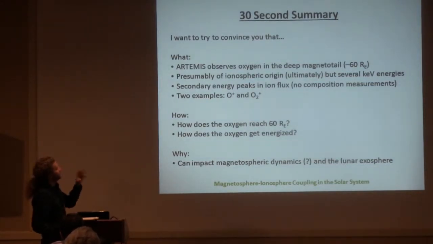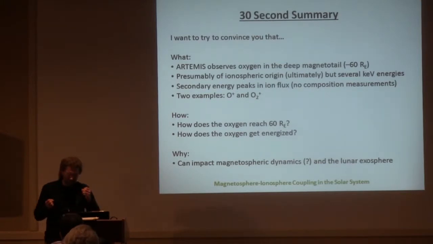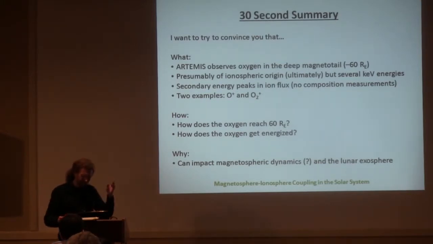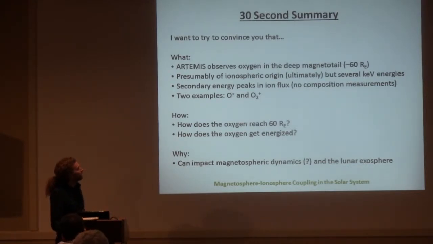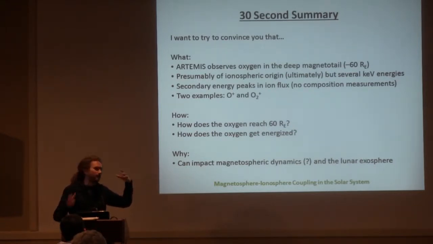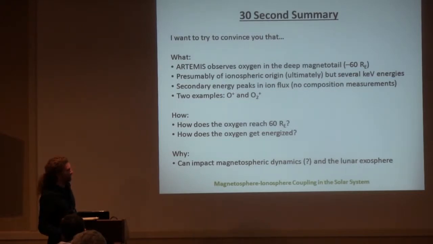And so we think that we're seeing oxygen ions in the vicinity of the moon. So presumably these come, ultimately, from the ionosphere. But they have several keV energies, which is a lot higher than what I've heard from many of the outflow talks earlier in these past 3 days. And so how do we get energies that high?